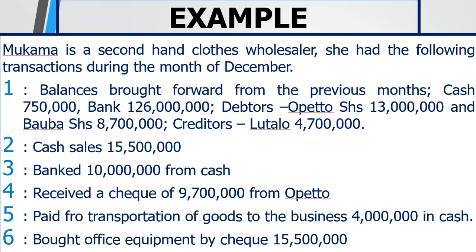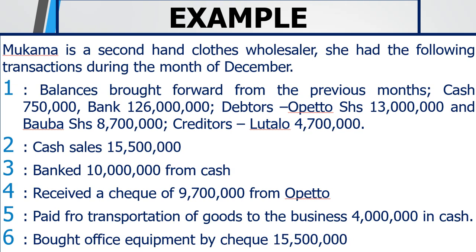Then cash at the bank was 126 millions. Debtors, they had Opeto worth 13 millions, and Bauba 8.7 millions. Creditors, they had Honor Rutaro at 4.7 millions.